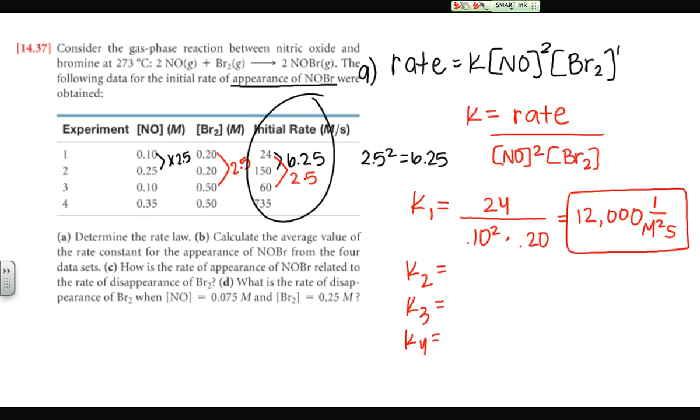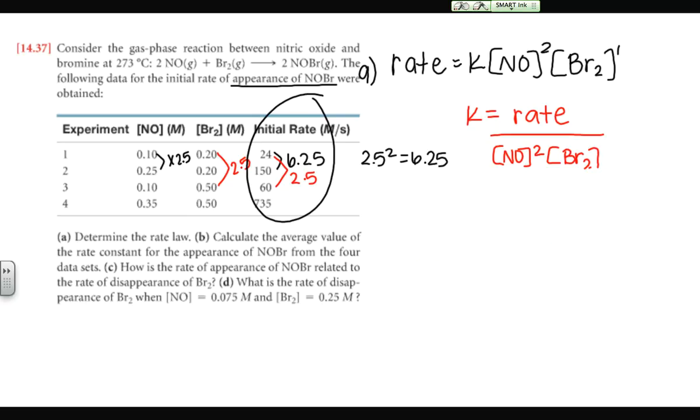Now, C says, how is the rate of appearance of NOBr related to the rate of disappearance of Br2? This is where some of us kind of lost it. So to write this, I need to use my comparison of rate laws. And so for that, I need to look at my equation. So I'm comparing my NOBr and my Br2. They don't have the same coefficient stoichiometry-wise.